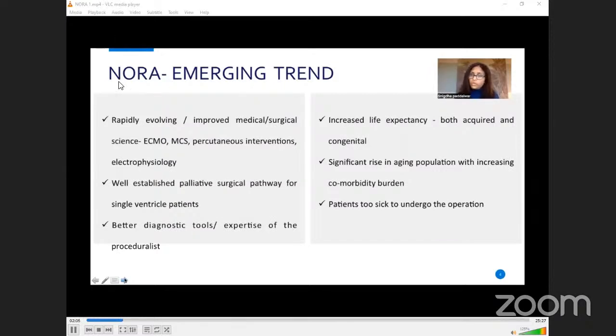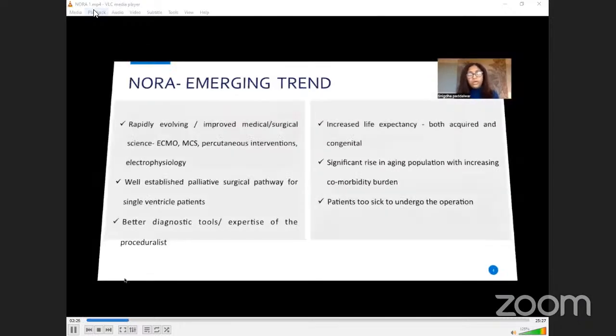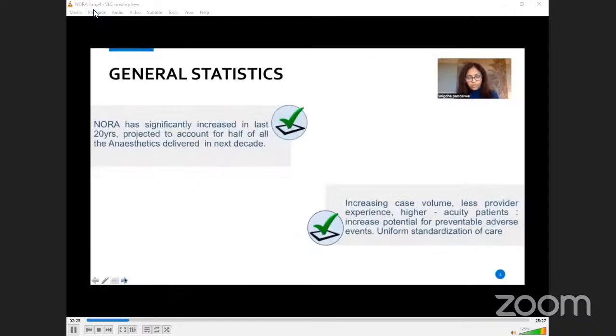It is leading to increased life expectancy and a significant rise in the aging population, who come with significant and increasing comorbidity. Also, some of the patients who are too sick to undergo major operations are posted for minimal interventions and diagnostics, and we as anesthesiologists end up providing anesthesia to them.